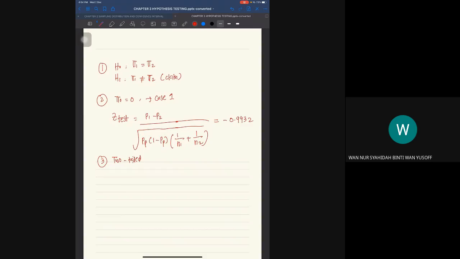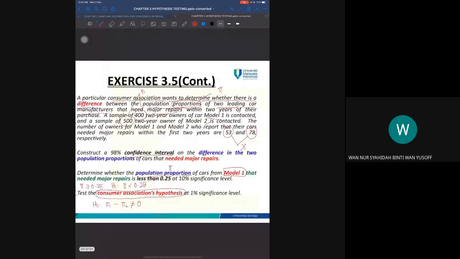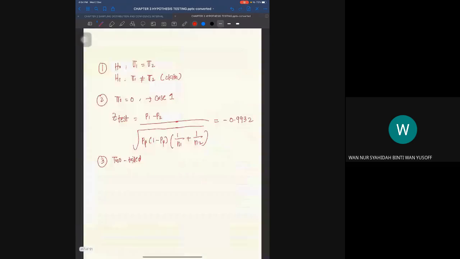So we have alpha 1%, then divide by 2. What is the value?